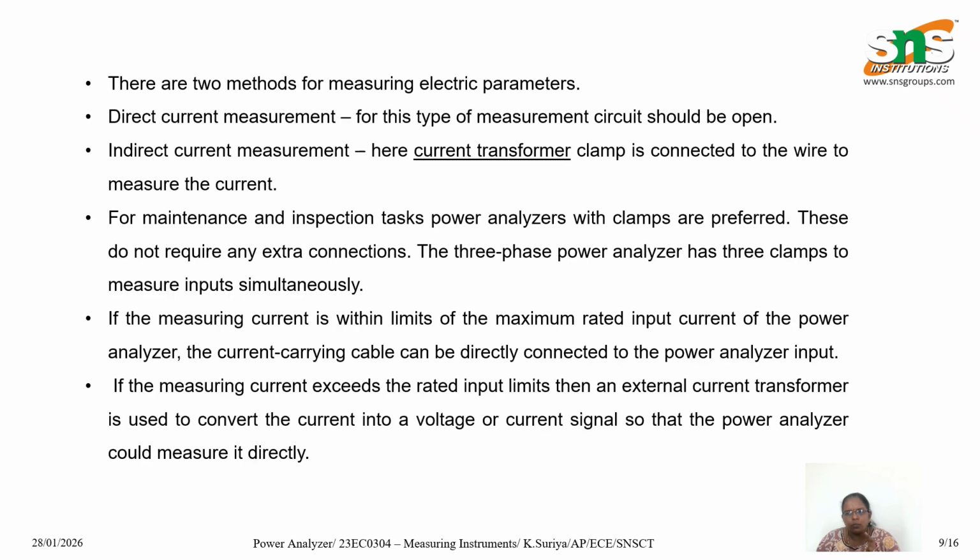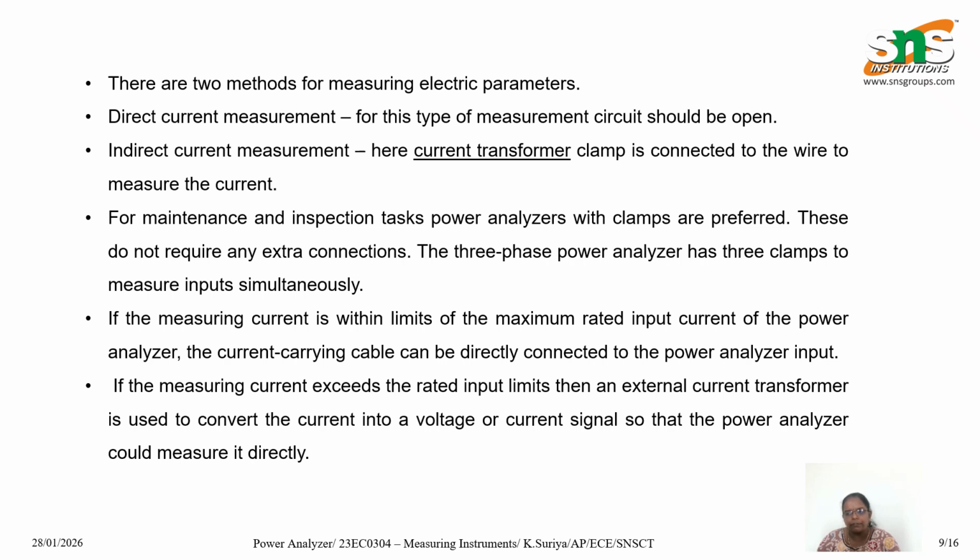There are two methods used for measuring the electrical parameters in a power analyzer. The first method is direct current measurement, in which the circuit is opened and the analyzer is connected directly. The second method is indirect current measurement, where a current transformer clamp is attached around the conductor to measure the current without disconnecting the circuit.